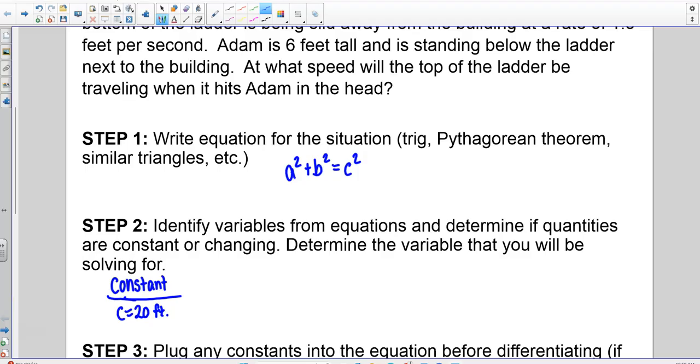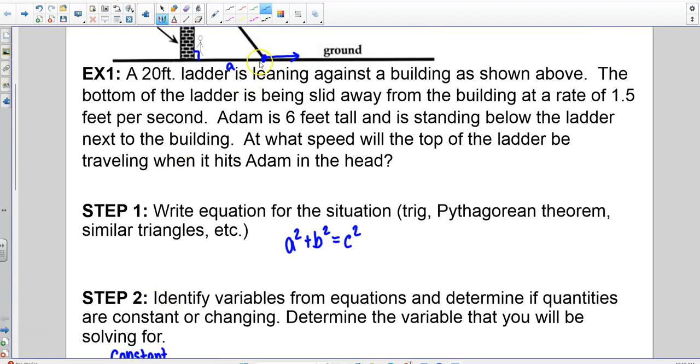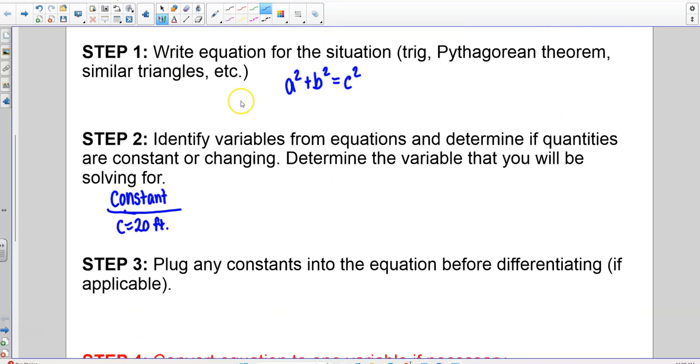We also know that the bottom of the ladder is being pulled away from the building at a rate of 1.5 feet per second. So A is getting longer at 1.5 feet per second. So dA dt is going to be 1.5 feet per second.